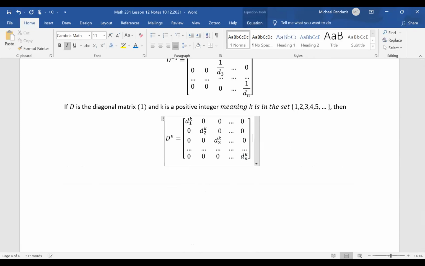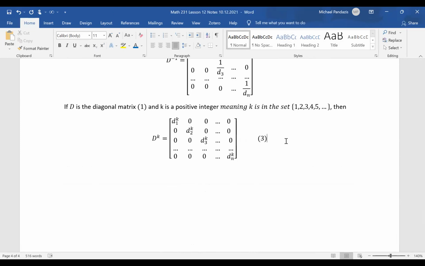Okay, good, so that's D to the K. Now you can find the inverse or power of a diagonal matrix as long as it's invertible and K is a positive integer.